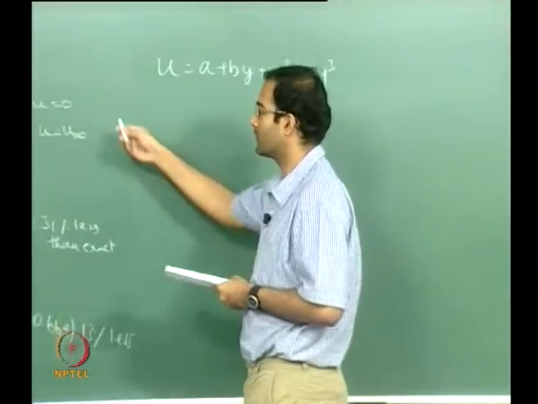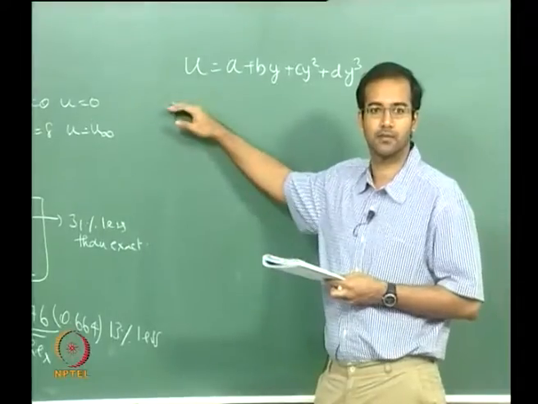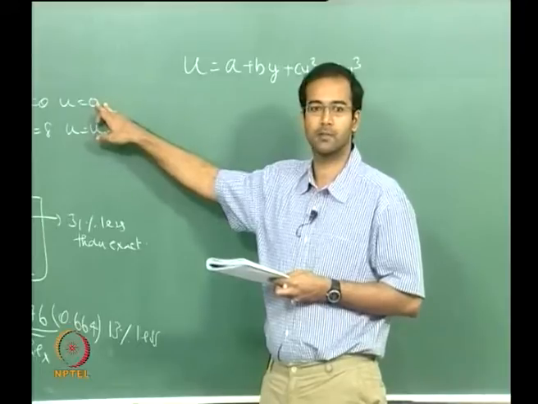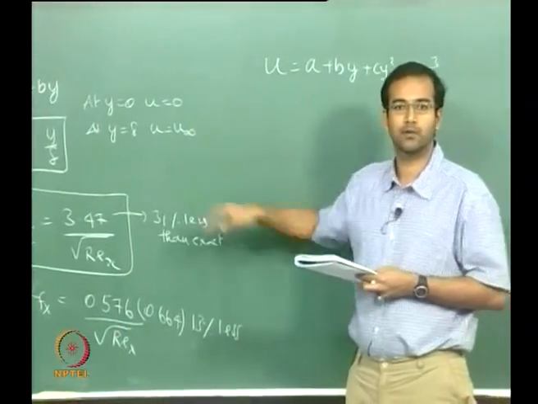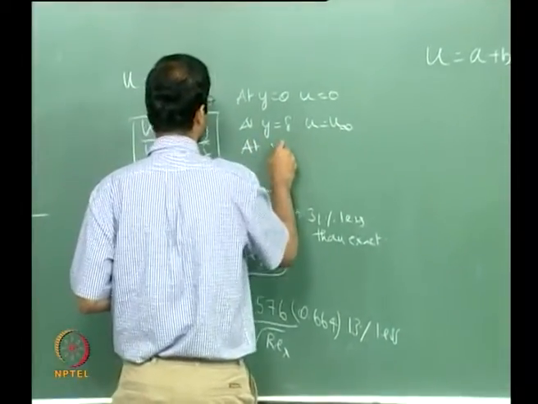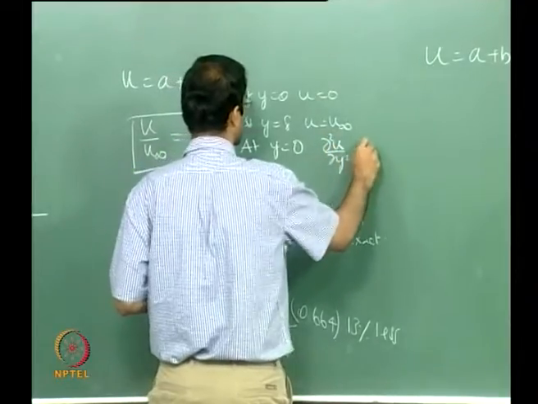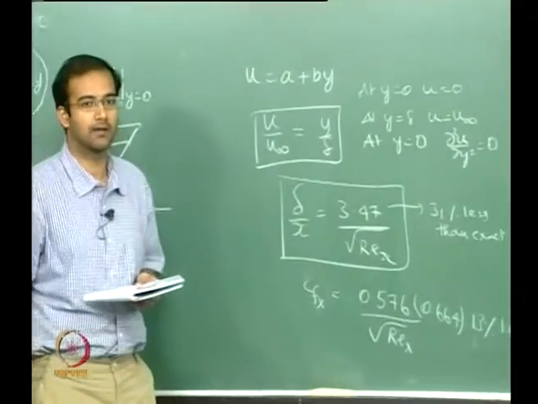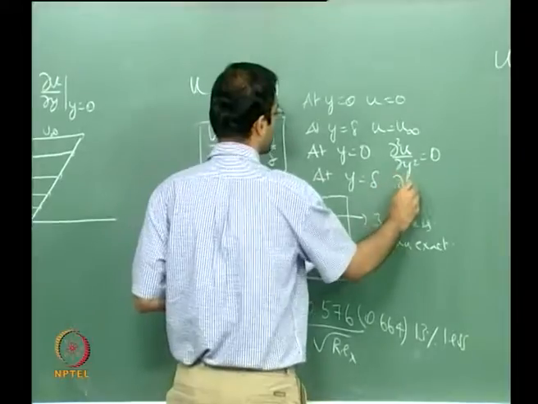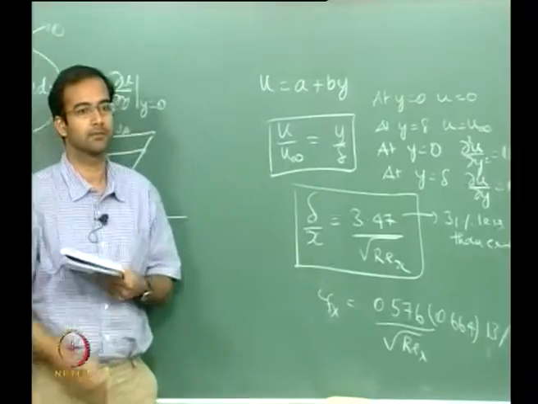Apart from the two boundary conditions, which are the most important in terms of order of relevance, you first need to satisfy no slip at the wall and the condition at y equal to delta. Apart from that, we have also used that at y equal to 0, d square u by dy square equal to 0, which comes from the momentum equation at the wall. Also at y equal to delta, the condition du by dy equal to 0 has to be satisfied.